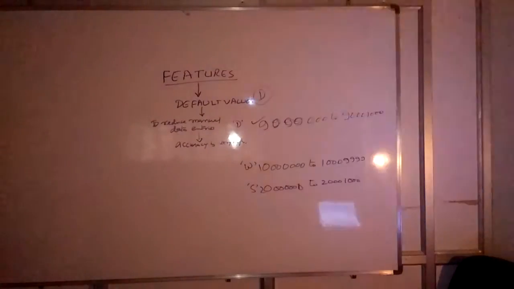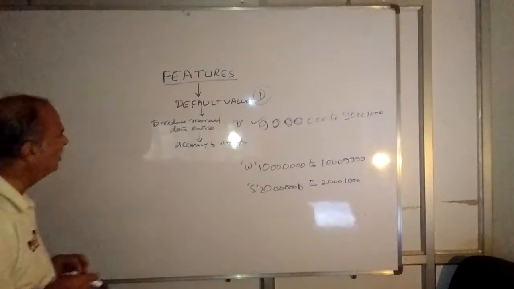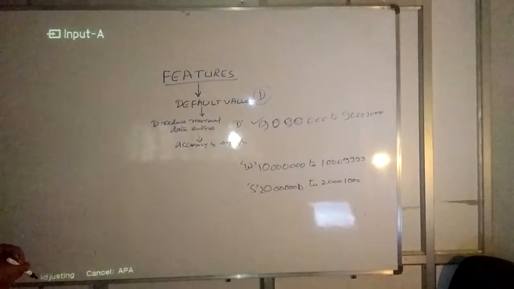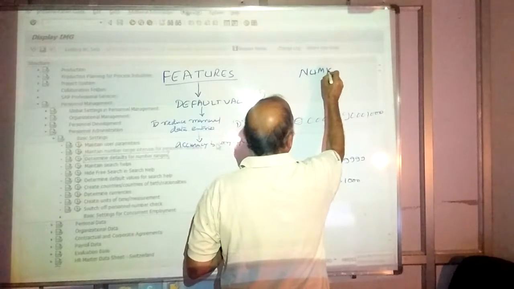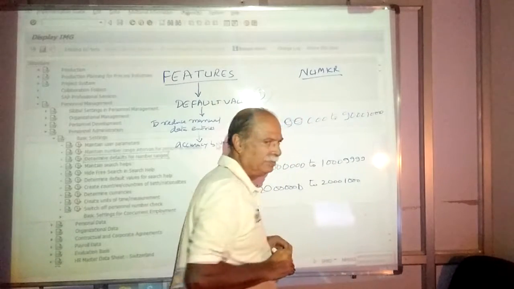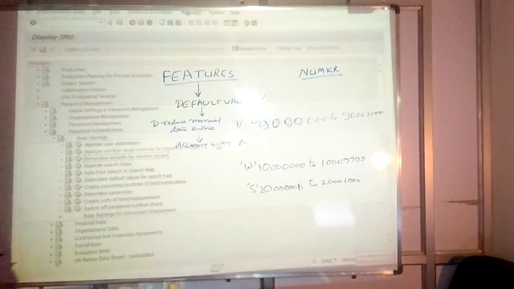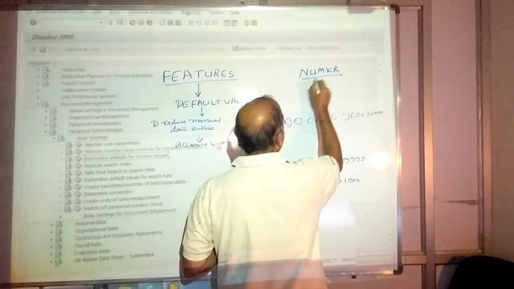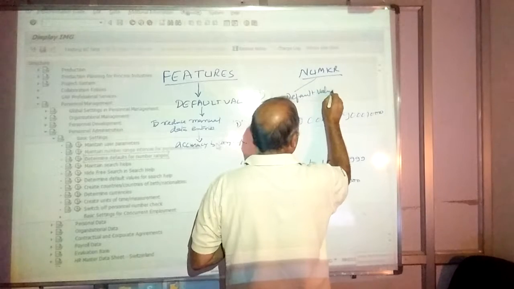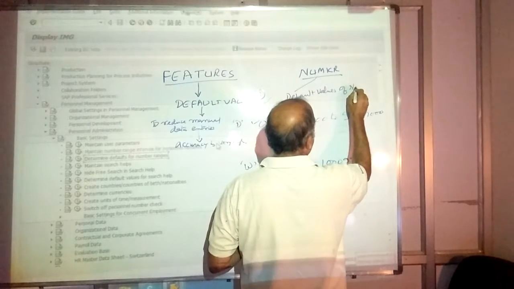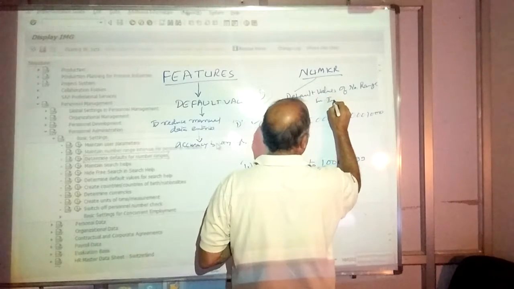There is a feature called NUMKR. This NUMKR feature gives default values of number range in info type 0000 known as actions.